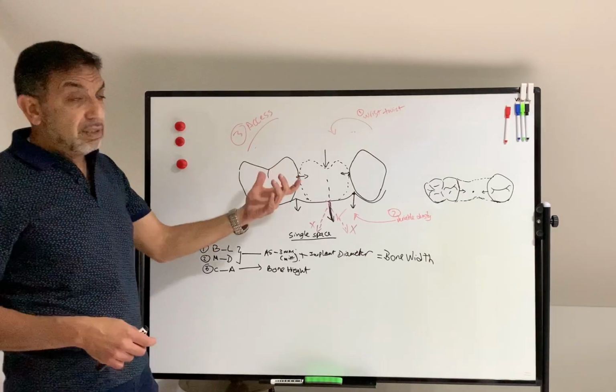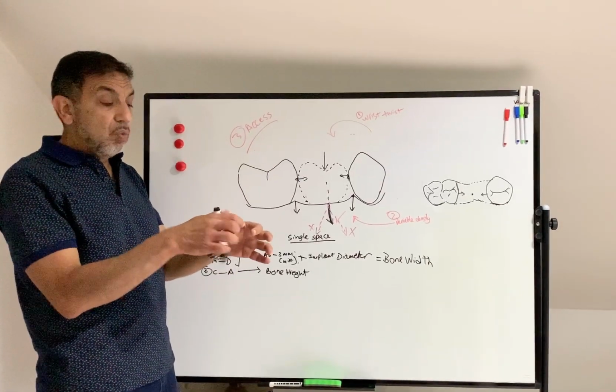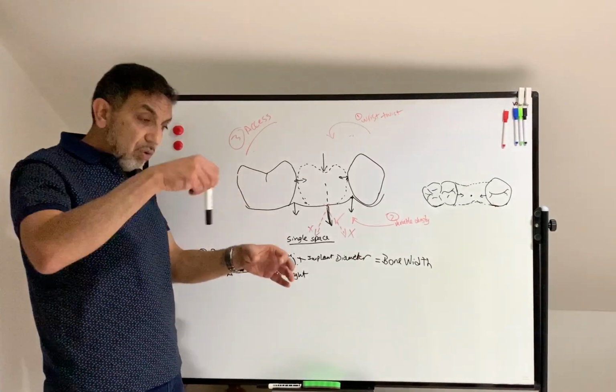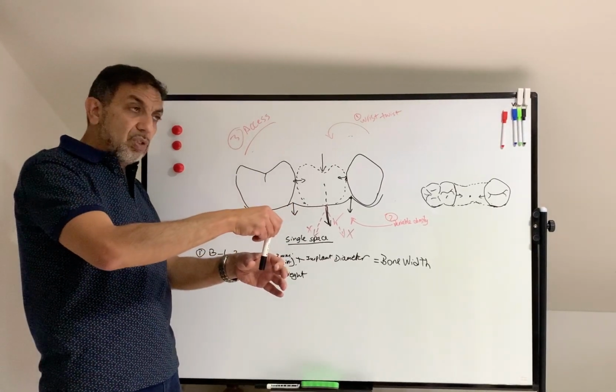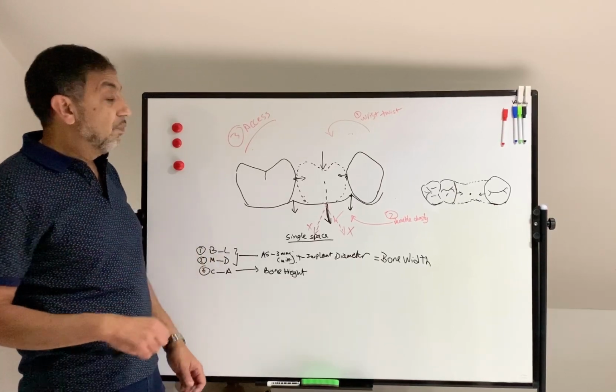There are some guides with a side slot where the drill can go from the side. However, you still have to go through the cheek area and then direct the drill towards the osteotomy and use the guide to direct the drill down.